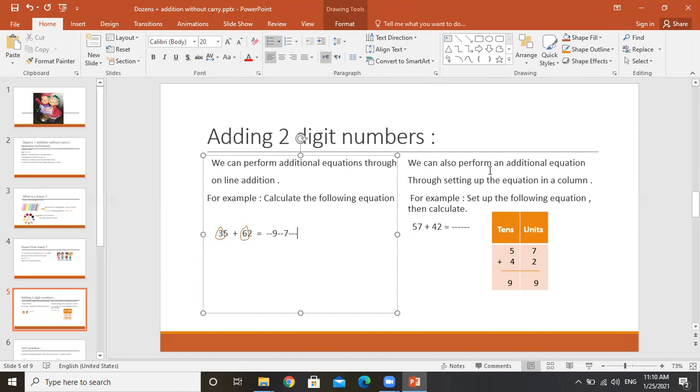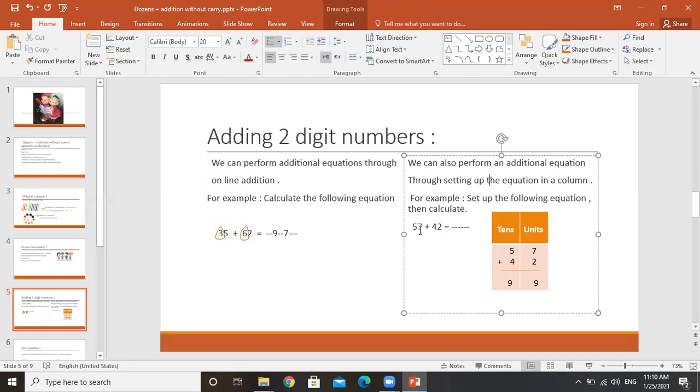We can also perform an addition equation through setting up the equation in a column. In this way, in the table of tens and units. For example, set up the following equation, then calculate 57 plus 42.